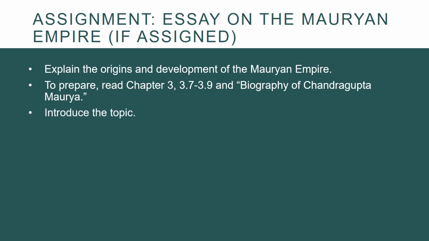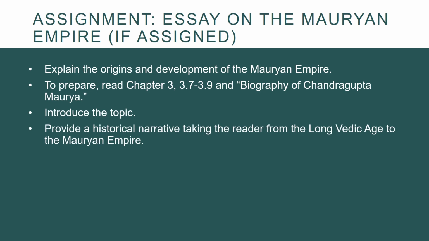Introduce the topic of the Mauryan Empire, considering its importance to the history of India. Following, construct a historical narrative that takes the reader from the long Vedic age through the transition to empire to the Mauryan Empire. Be sure to include discussion of chronology and geography so that the reader has a clear sense as to when and where these events take place.